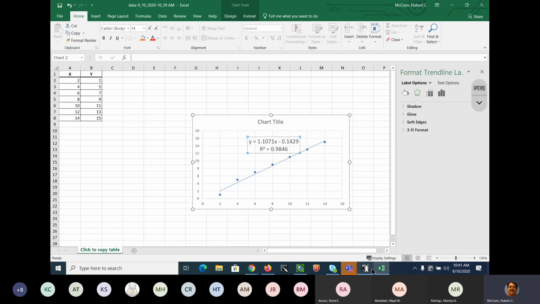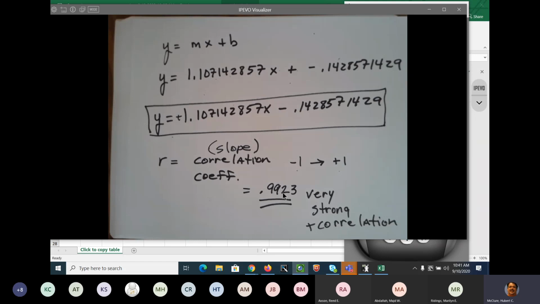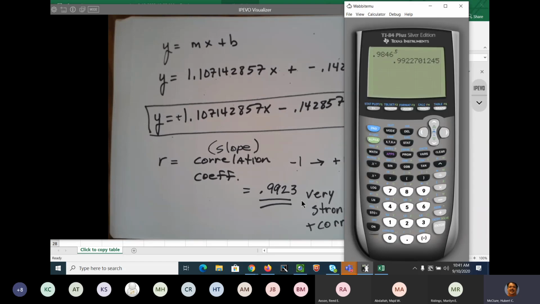So take your handy dandy calculator and go 0.9846 raised to the 0.5 power. And there is the number 0.9923 that we got for our first one with the calculator.